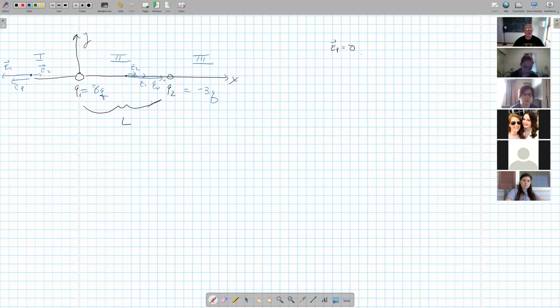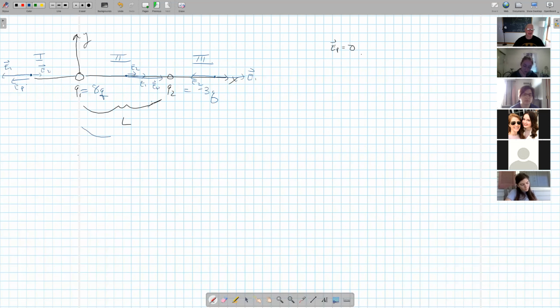This would be EP. And somewhere out here, E1 is going to point this way and E2 is going to point this way. But due to the increased distance between 1 and the point and the decreased distance between 2 and the point, there is a location where these two can have exactly the same magnitude.